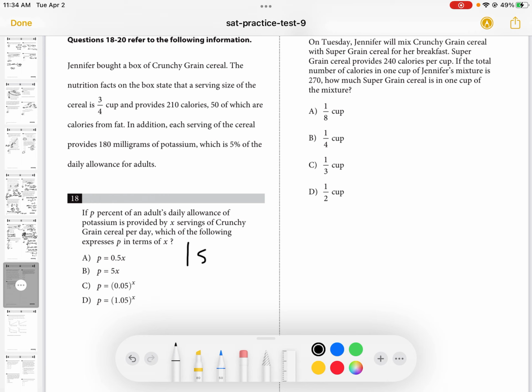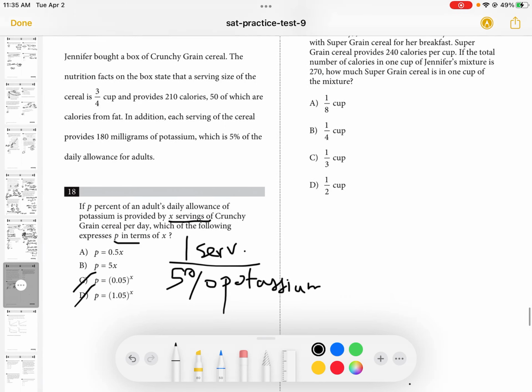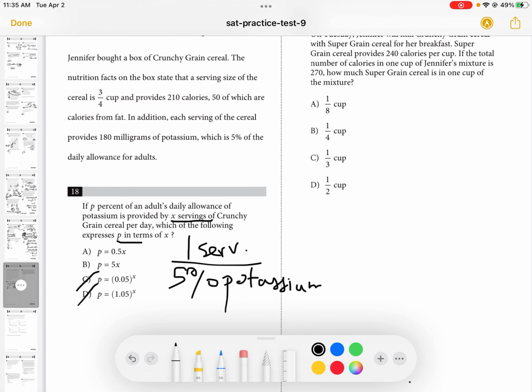So for one serving, right, we get 5% of our daily potassium needs. So there's a linear relationship between however many servings we get and whatever percent of potassium per day we get. So it's not an exponential relationship. It's not A or B. And we're just looking for the number in front of the percent sign because they specifically say P%.